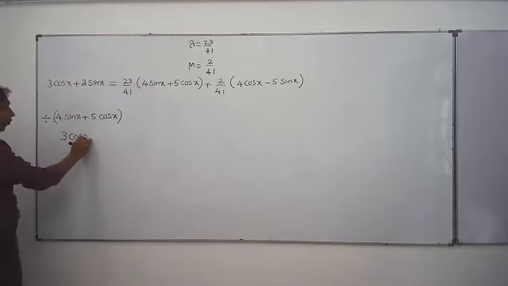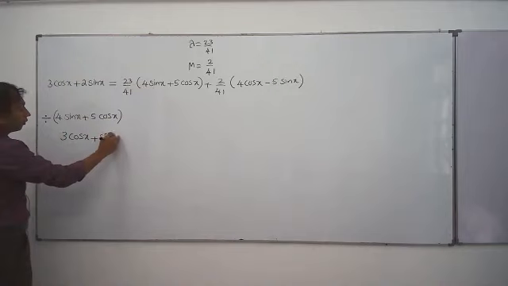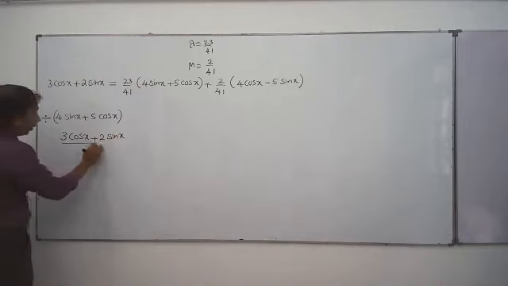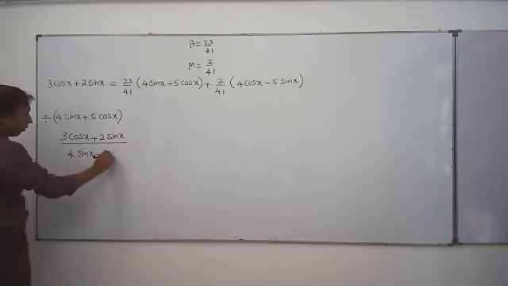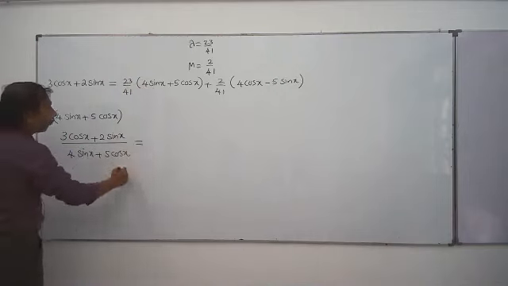3 cos x plus 2 sin x divided by 4 sin x plus 5 cos x.